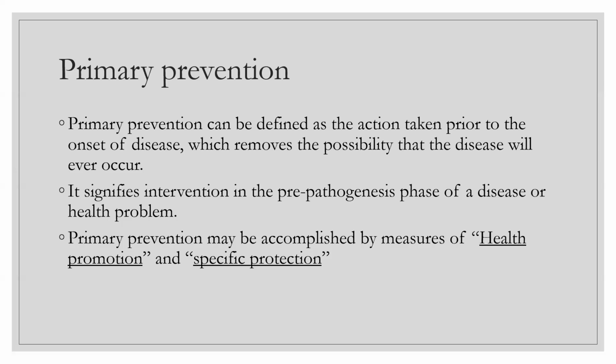Now let's go to primary. In primary prevention, the risk factors or the causative agents for a particular disease to occur have already started to happen. So when you get to a situation where there's already exposure to the risk factor, but disease has not yet occurred, there's exposure to the risk factor, but disease, when I say disease, I mean there's no apparent illness.